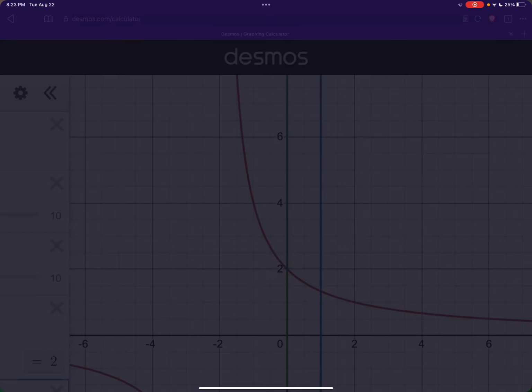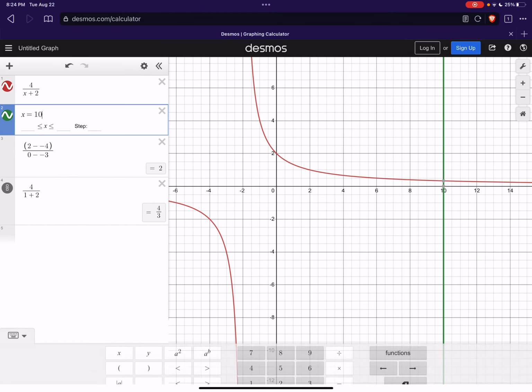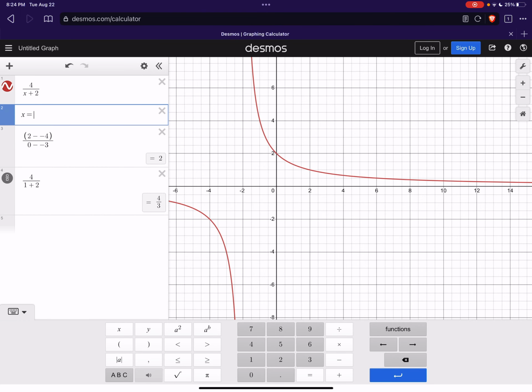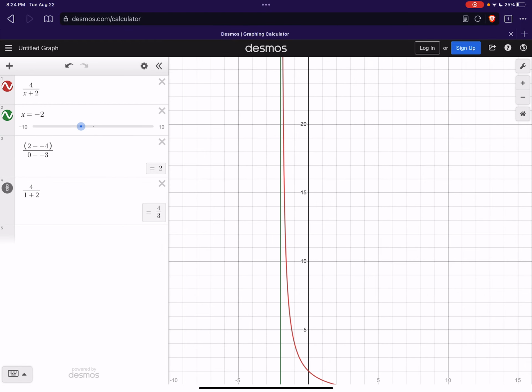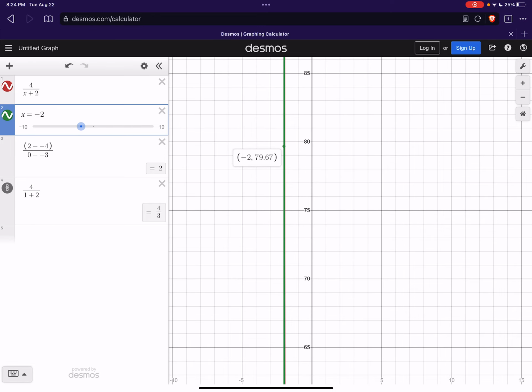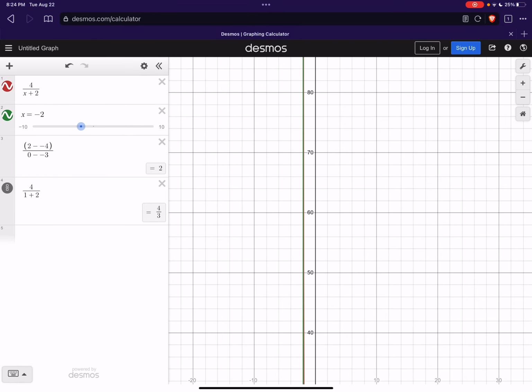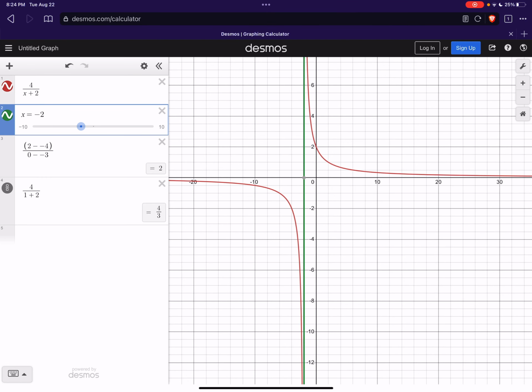Last one, I want to show you if you put -2 in. Once I zoom out, if you put in x equals -2, you get this line. No matter how far up we go, it looks like the lines are merging, but they're not. By the way, you can tell if you click one, there's no point that shows up.